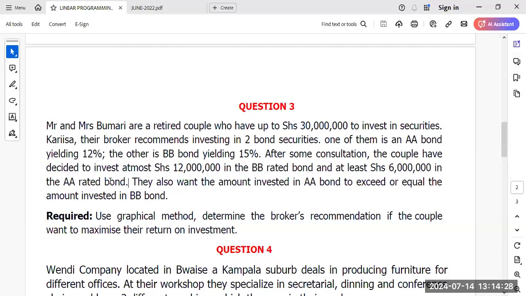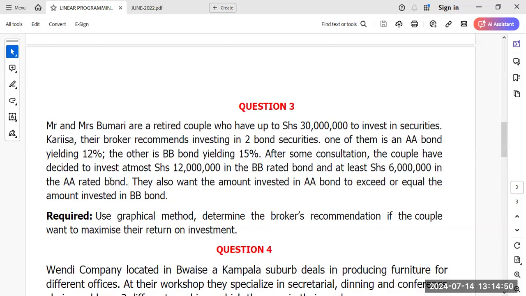The question can be very easy, but if you fail to formulate inequalities, if you fail to formulate the linear programming model, you cannot pass. You cannot get all marks on this number. But if you formulate your linear programming model, you can easily score all marks.